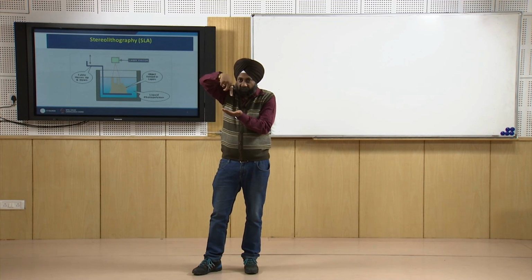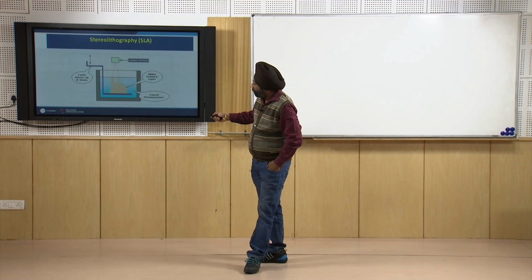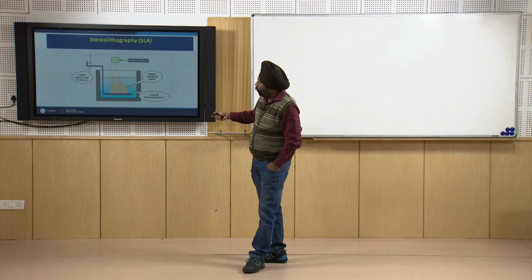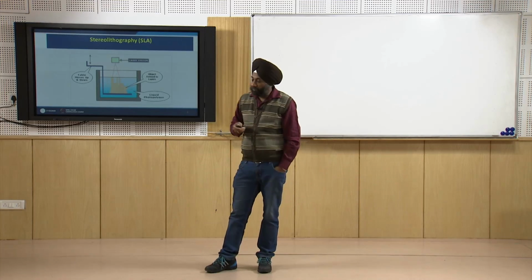Again the laser will selectively cure the third layer, and similarly layer by layer the platform will keep on coming down, and the laser will selectively cure the polymer, and finally we will get our product. So this is a very fast process, because quickly we are curing the polymer, and the polymer from liquid is getting converted into solid in the curing process.